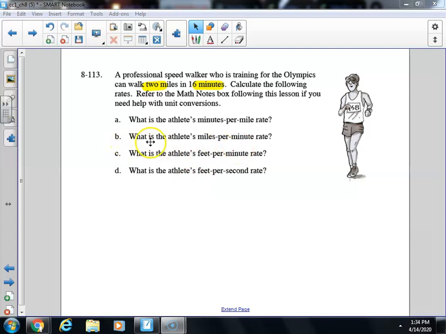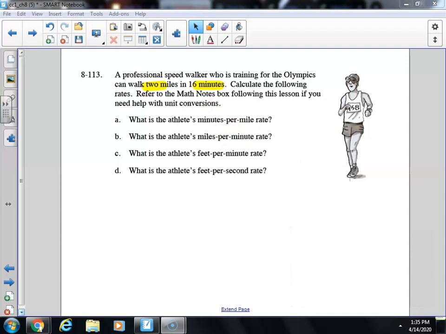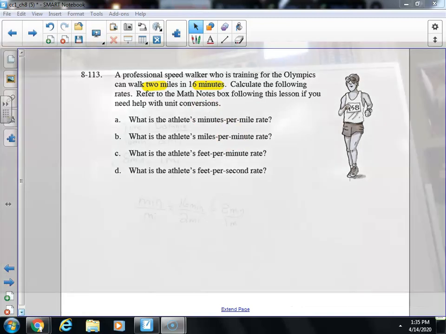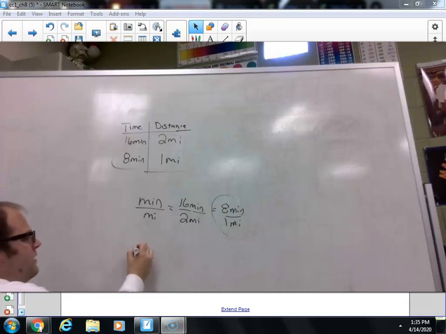Letter B says, what is the athlete's miles per minute rate? So because earlier in letter A we did minutes per mile, now we're doing miles per minute. So now, miles per minute is what I'm comparing.